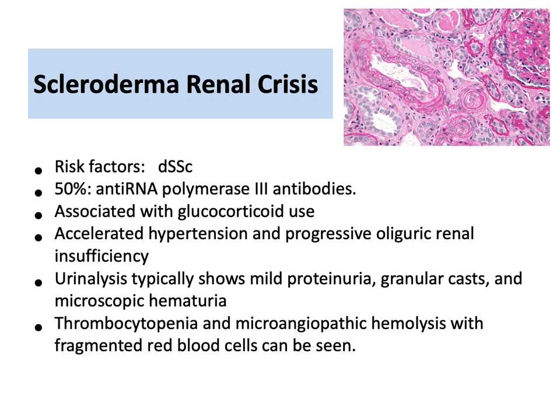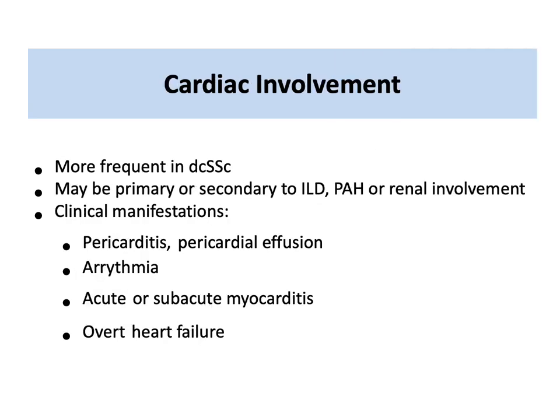Urinalysis in scleroderma renal crisis typically shows mild proteinuria, presence of granular casts, and microscopic hematuria. Thrombocytopenia and microangiopathic hemolysis with fragmented red blood cells can also be seen and may be a harbinger of impending scleroderma renal crisis.